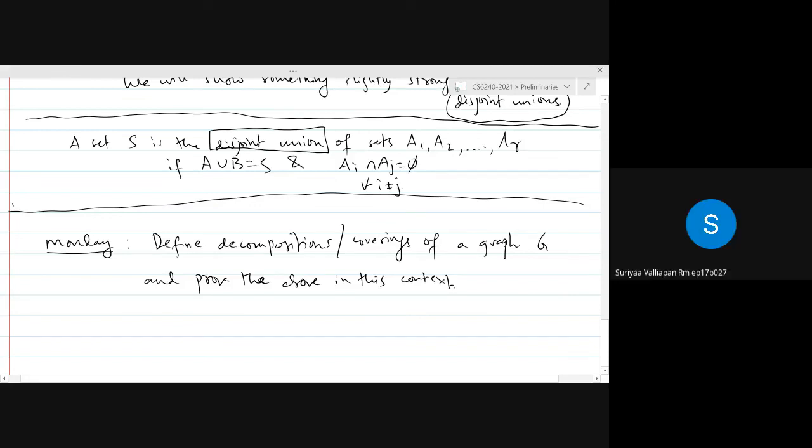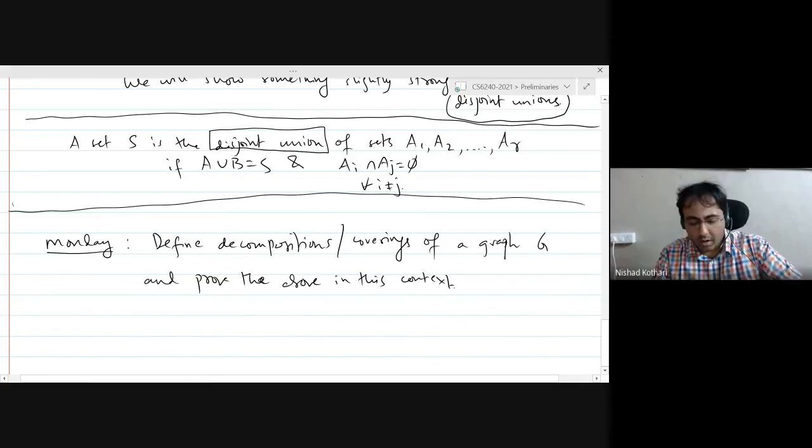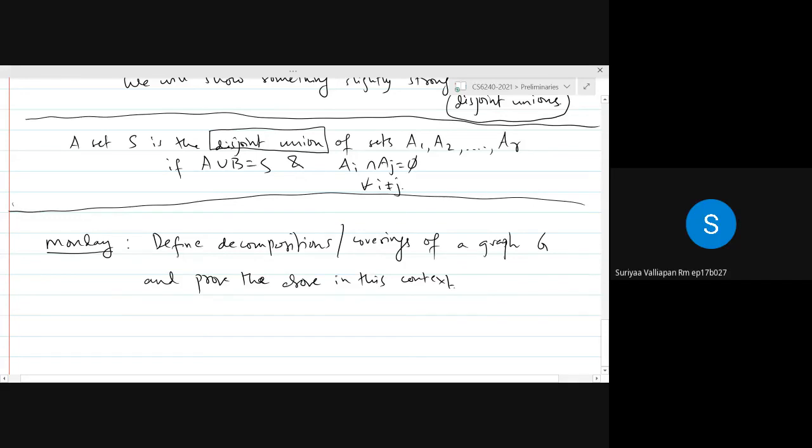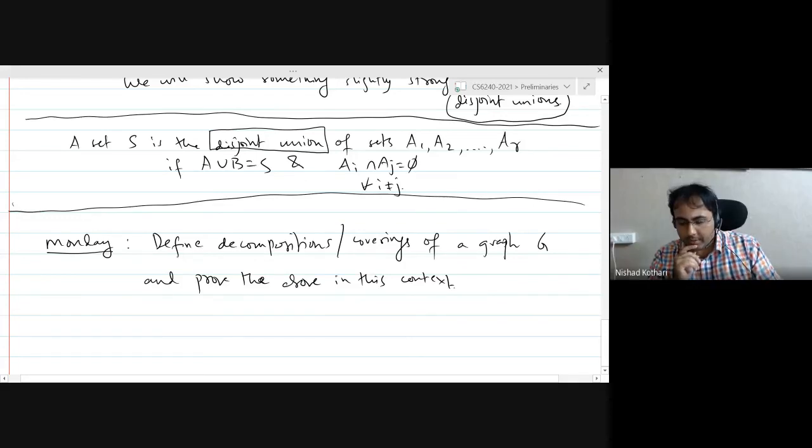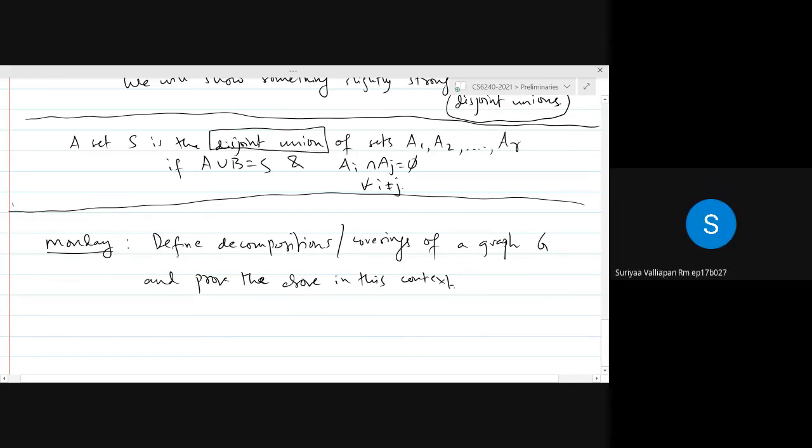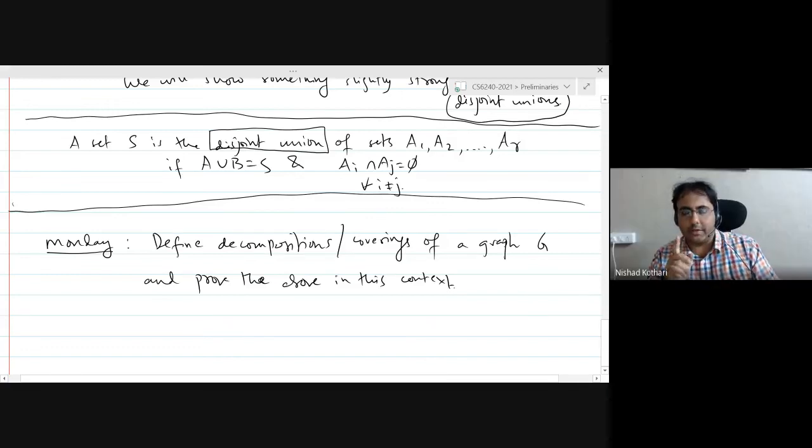Sir, isn't this vector space itself an orthogonal subspace to this? You mean to the cycle space? Yes, sir. The cycle space is the orthogonal subspace to the cycle space. Let me get your question right. So you are saying that this is the orthogonal complement of itself?